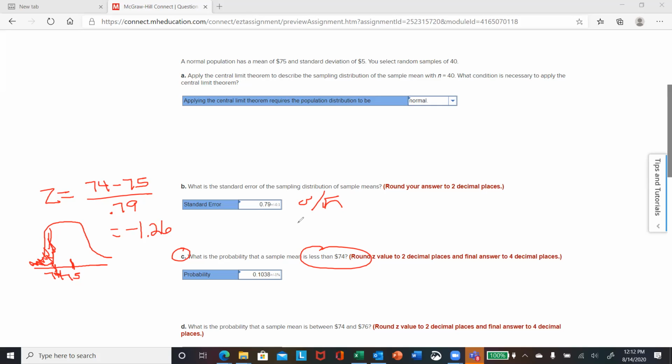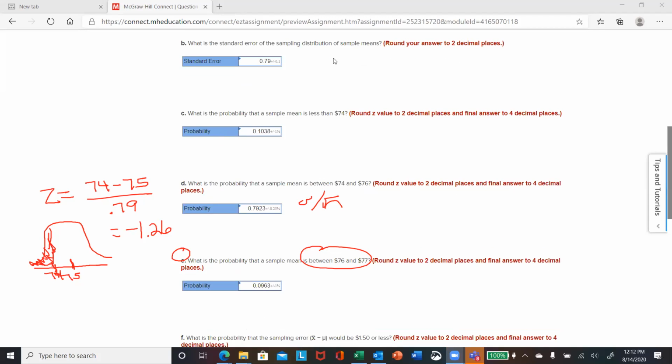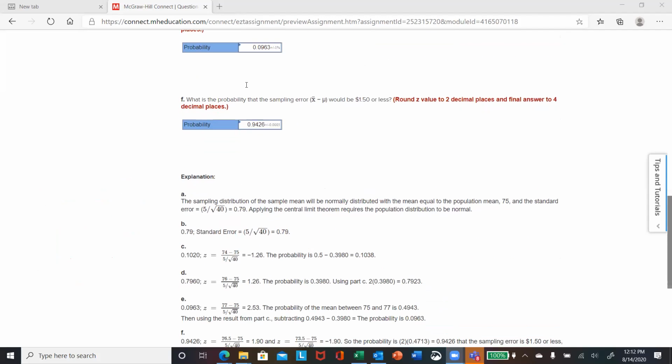So if you find that 1.26 area and then subtract that from 0.5, that looks like your answer. I'll show you the calculation down here. It's 0.3980 in your table, and then 0.5 minus that gives you the rest of the curve. So there's what they're getting, the 0.1038. Again, that's just like the previous problem. All right, that's letter C.